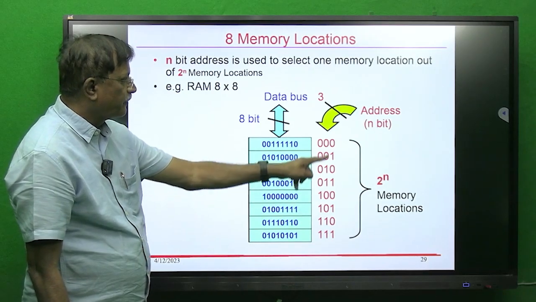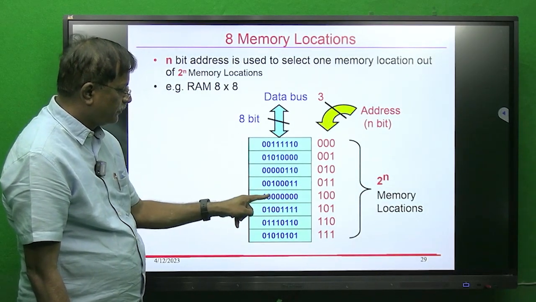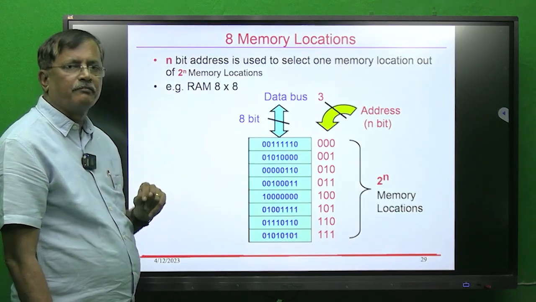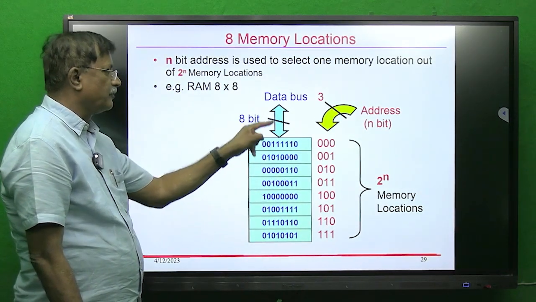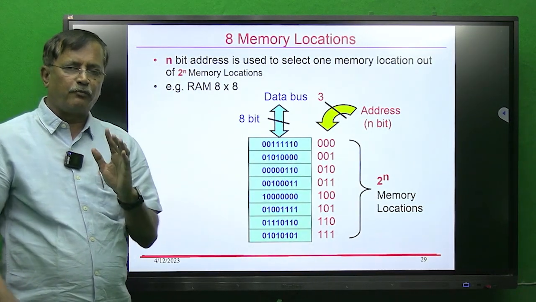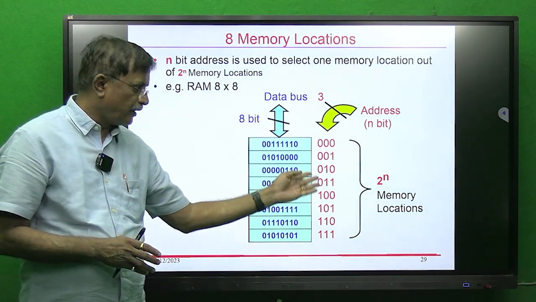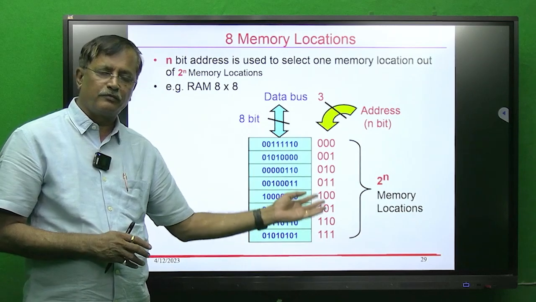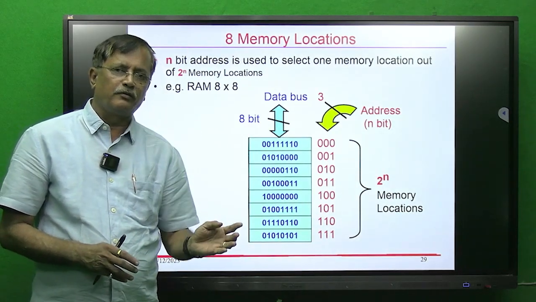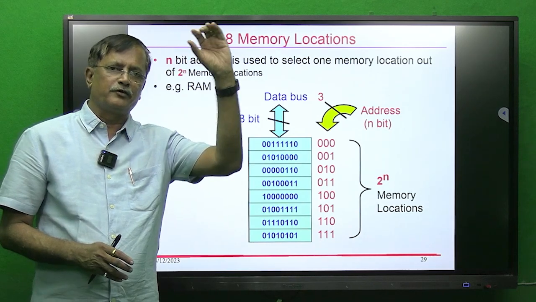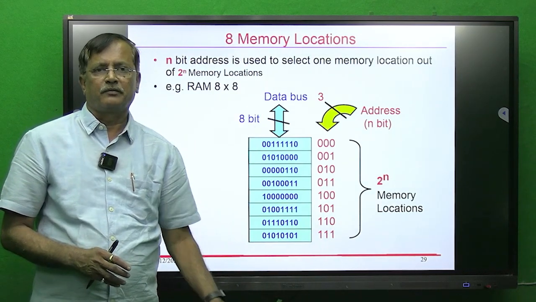If the processor gives address 4, then this location is selected, and then you can store data into this location, or you can read data from this location. So the first important thing is the address, because there are so many locations, and each location will have a unique address, starting from the first location having address 0 to the last location.